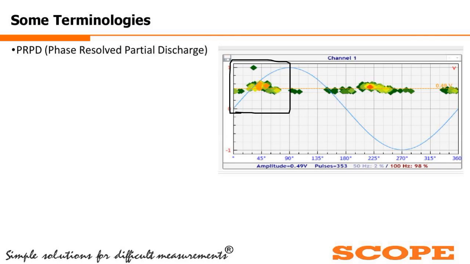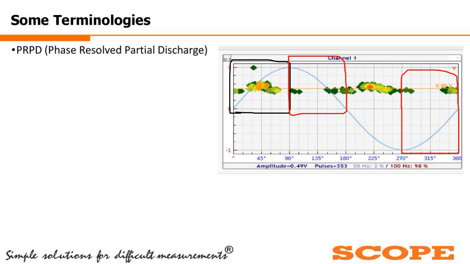In the second zone, as marked in red, 90 to 180, this is the falling edge, from peak to zero. So here PD will not happen. Similarly, in 270 to 360, whatever signals come can be neglected because PD will not happen in that zone.